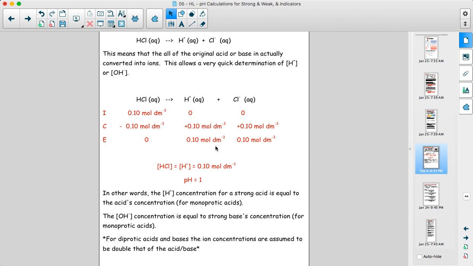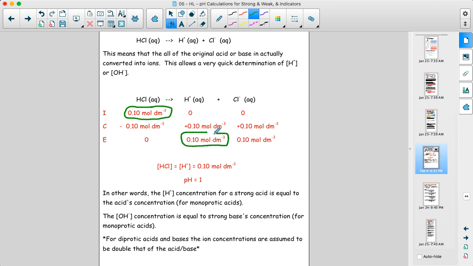It's a 1-to-1-to-1 ratio. So notice that the starting concentration of HCl is now the actual concentration of H plus in the solution. So that's what I point out down below. The HCl concentration is equal to the H plus concentration. So as soon as we know the HCl concentration, we actually know the H plus concentration.